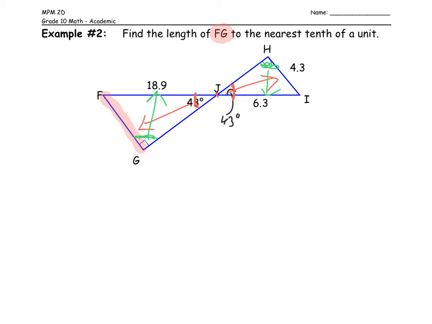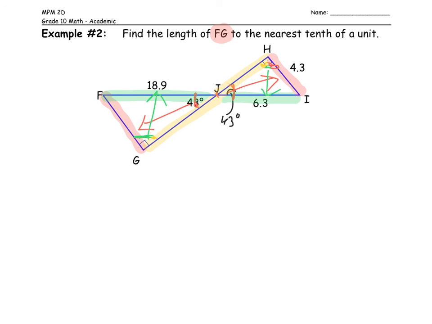So I'm going to go ahead and highlight them in green to show that they are corresponding. And of course I have one side left, so that makes things fairly simple. I can go ahead and highlight those sides. So there, I've highlighted all the sides that relate to one another, and so I can create my proportionality statement now.